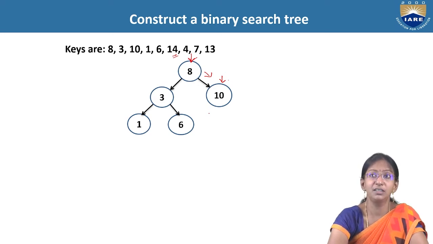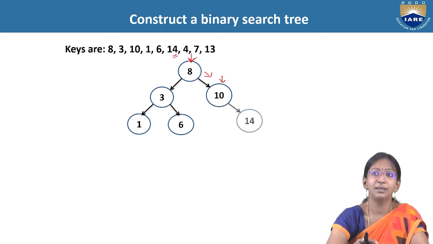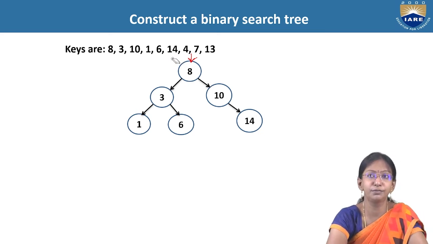So 14 is greater than 10. That means you need to push it to the right hand side of 10. Do you have any element to compare on the right side of 10? No. So introduce 14 as the right child of 10. So guys, see, every element is a new leaf node.